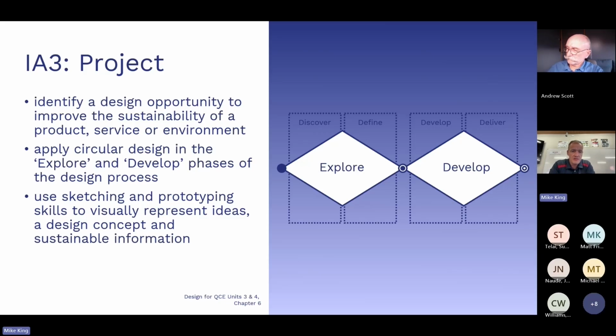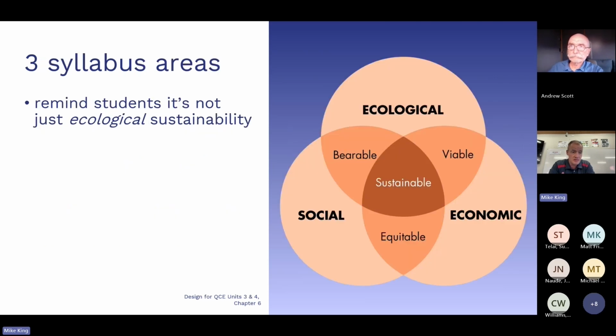So I've found the best thing to do is to really introduce the social, economic, and ecological parts of the sustainable approach, and that's the 3 pillars that we're given in the syllabus. There is a 4 pillar, there is a 5 pillar, and we go into that in the book. But the 3 that we're encouraged to lean on are those 3. That's just in terms of giving students lots and lots of examples of here's a product, or here's an architectural space that's really well designed for social.